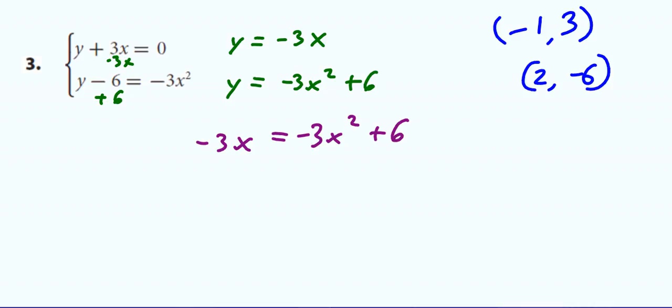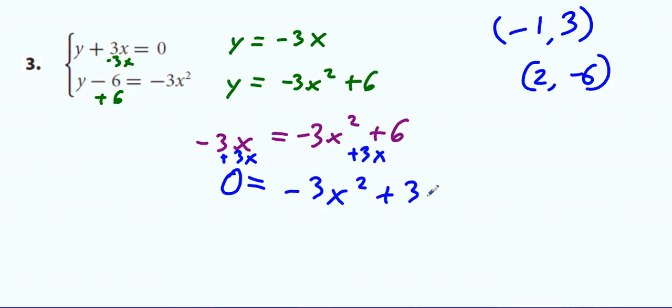So we need to get everything on one side, so it's 0 equals. We do that by adding 3x to the other side. And now we need to solve this. This is factorable.